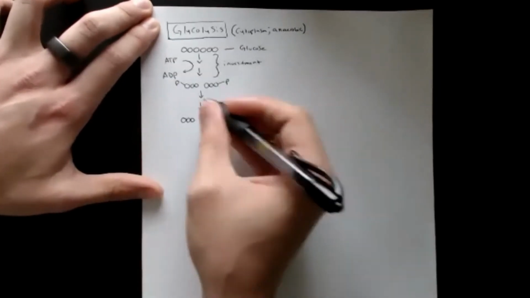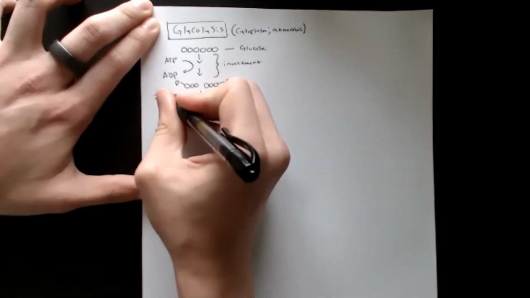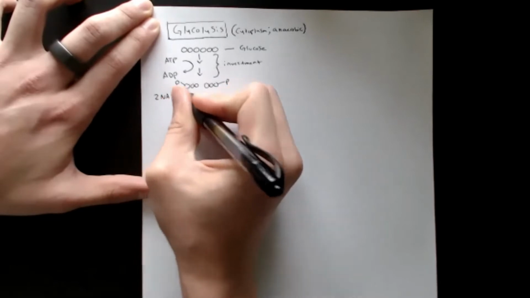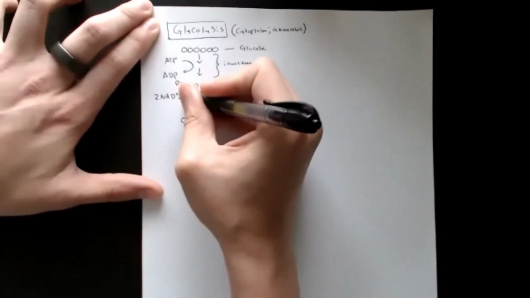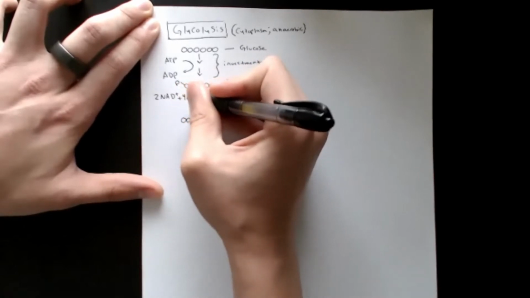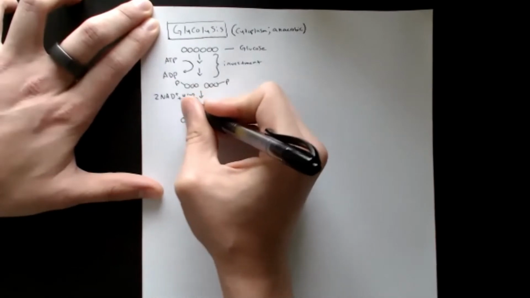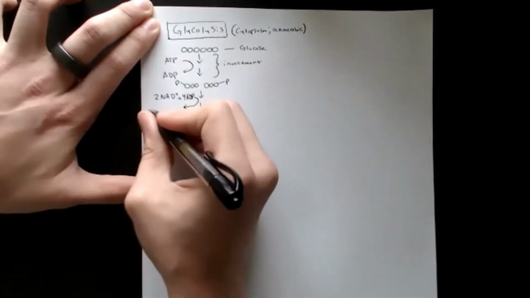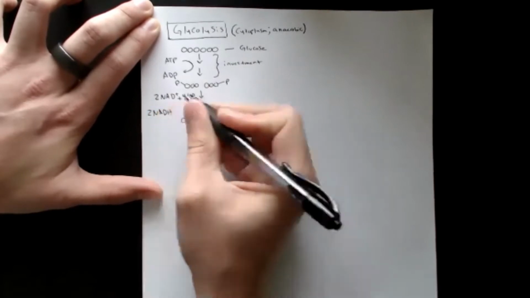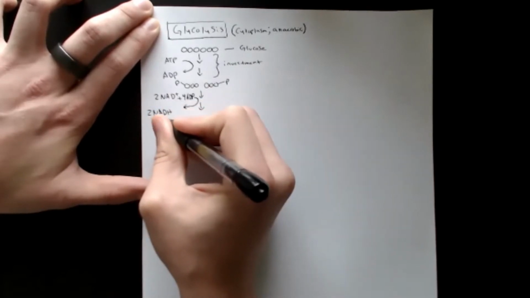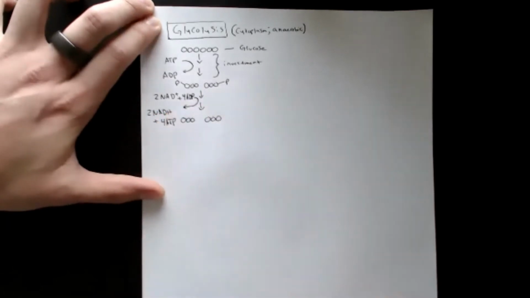So an important thing to note here is that we're taking 2 NAD plus and 4 ADP, and from that we are generating 2 NADH plus 4 ATP.